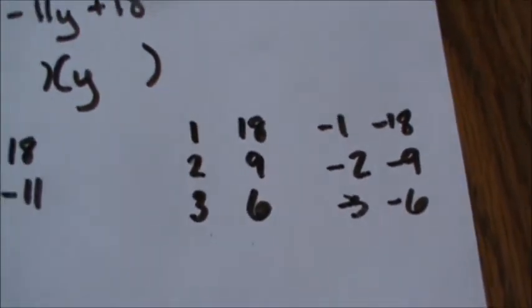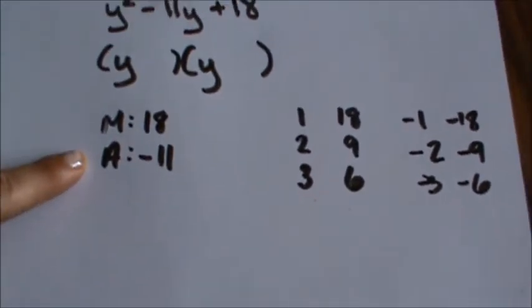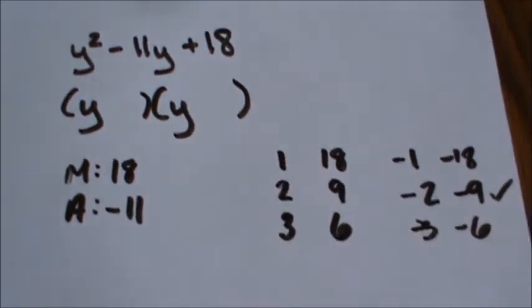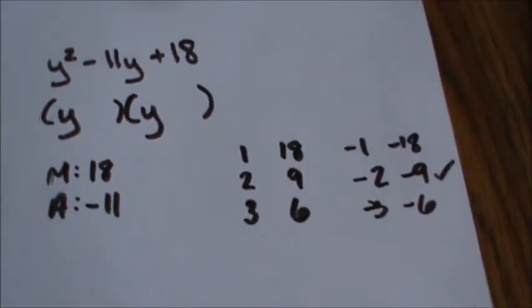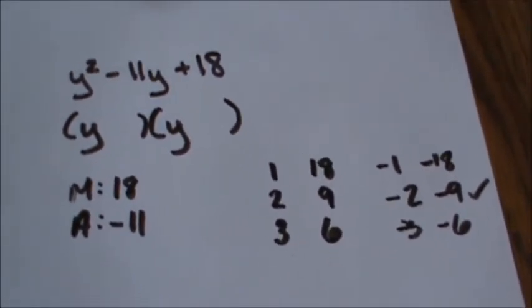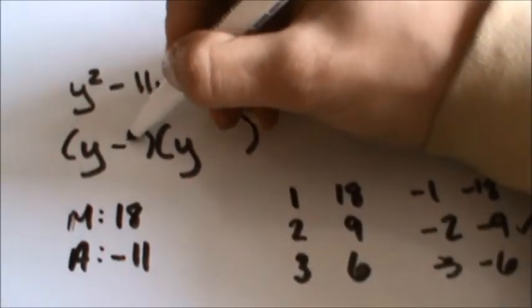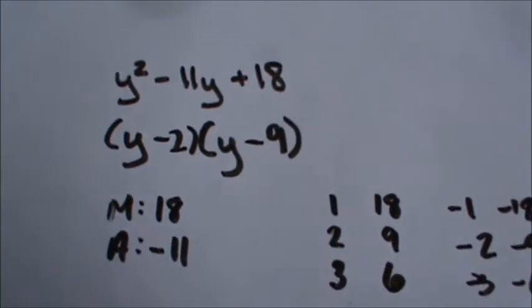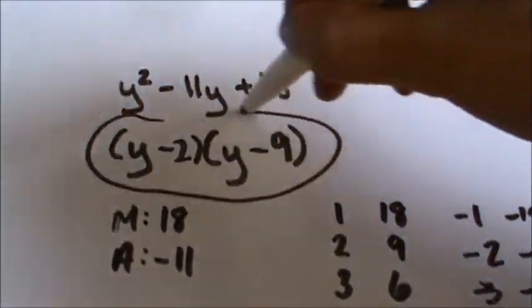Now the question is, which of those pairs of factors add to be negative 11? And we're looking at these two right there. They multiply to be 18 and add to be negative 11. That's what goes in our parentheses. Doesn't matter which order you put them in, this is the answer we're looking for.